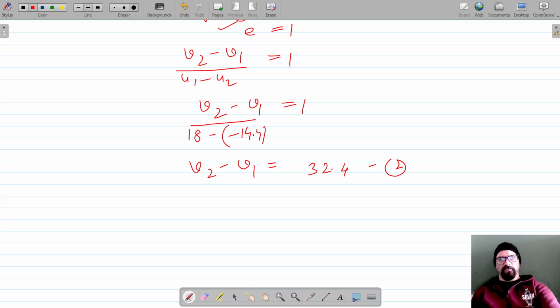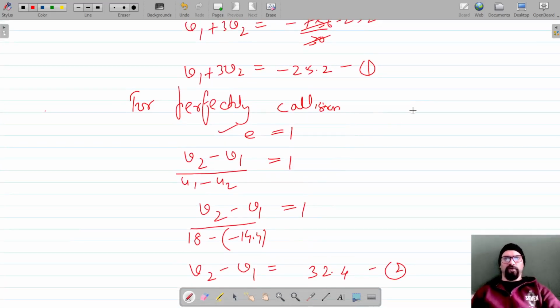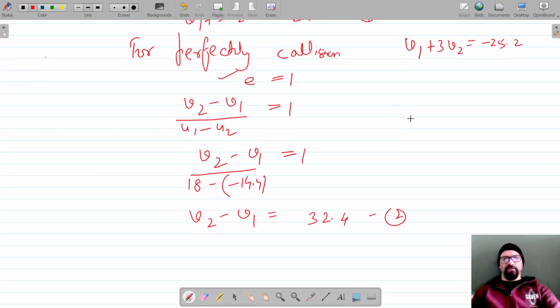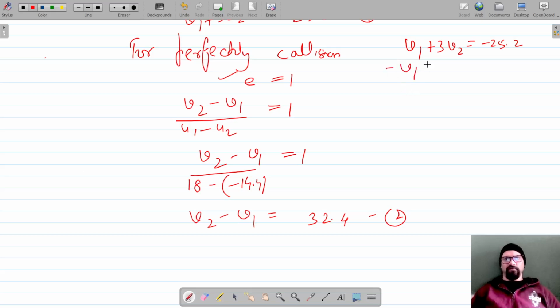So we have got our second equation, and let's solve these two equations to get the final velocities of the two bodies. The second equation is V2 minus V1 equal to 32.4. So I'm going to write down these two equations: V1 plus 3V2 equal to negative 25.2, and negative V1 plus V2 equal to 32.4.